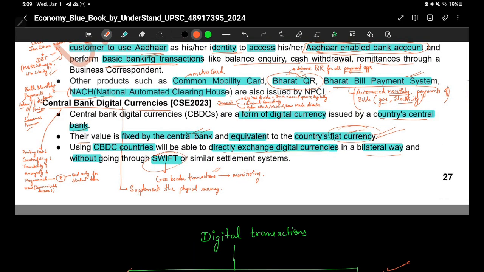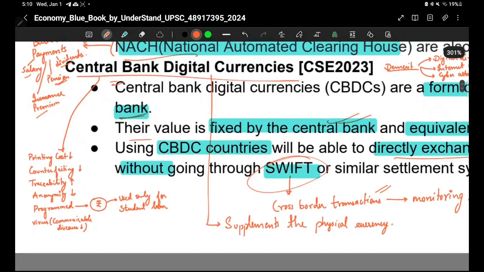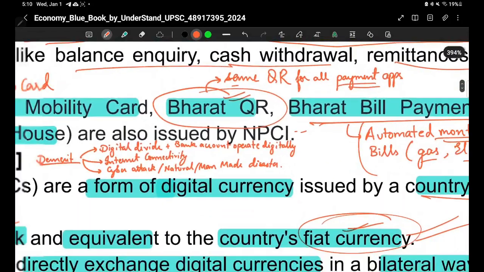But CBDC cannot entirely replace normal currency. It just supplements the physical currency. Why? Because there are some limitations to this CBDC. What are the limitations? There is the digital divide, right? People don't know how to use digital technologies. They don't know how to operate bank accounts digitally, UPI and all that.